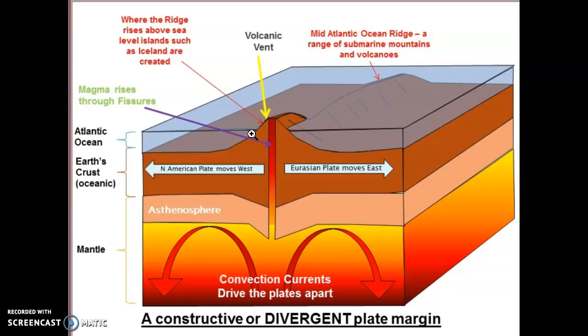Remember, an arc is a chain of islands. So at divergent plate boundaries, we can have a chain of volcanically created islands, what we call volcanic island arcs. We will talk about this example shortly.